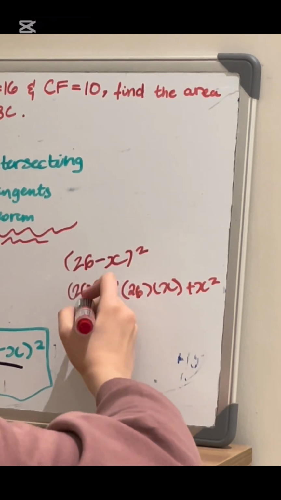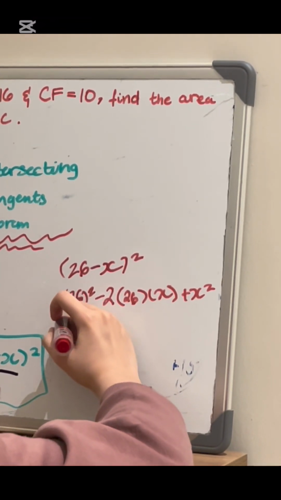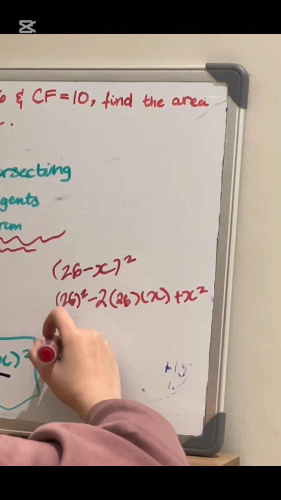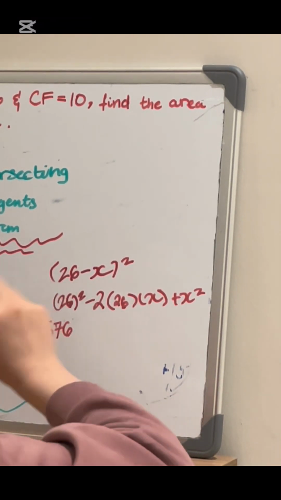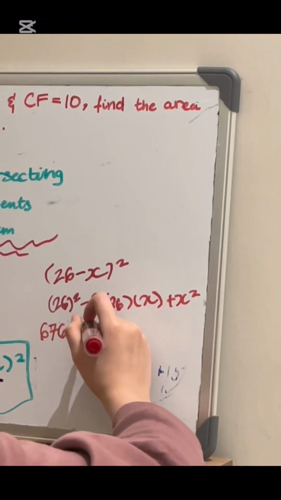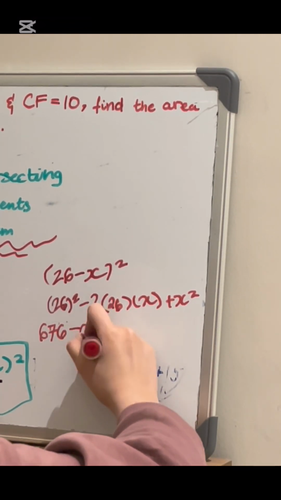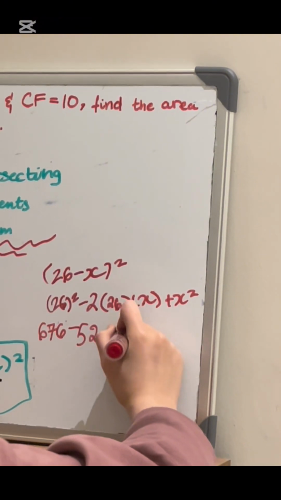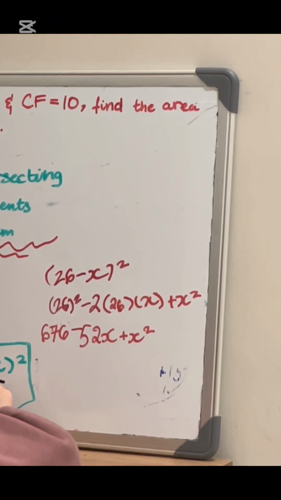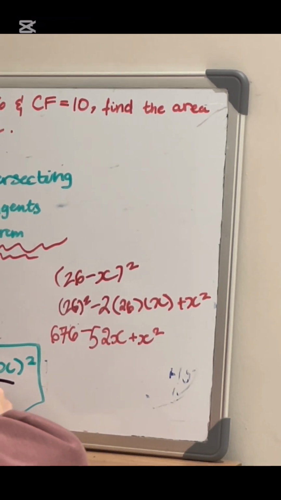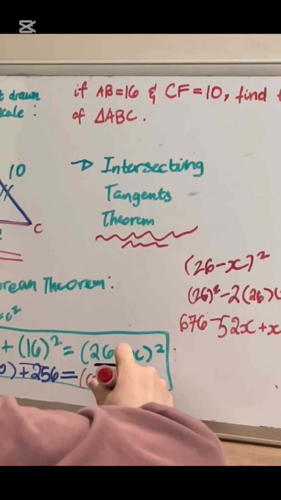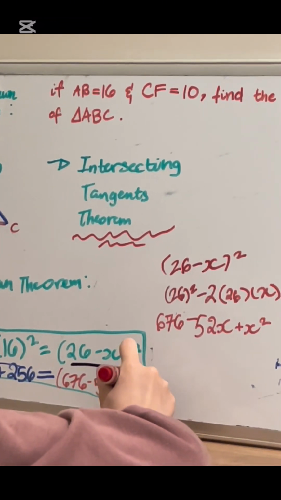So then 26 squared is 676, minus 52x plus x squared. That is your c squared.